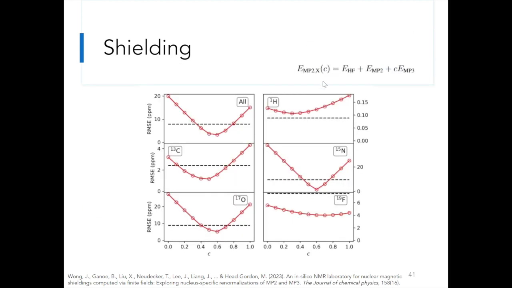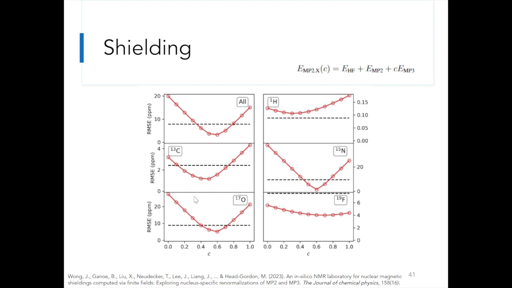We also looked at an MP2.x method, which adds in a scaled down MP3 energy contribution. With MP3, we now go into the N⁶ method, so we're the same scaling as CCSD. In this plot, the dotted line is the CCSD error compared to CCSD(T).